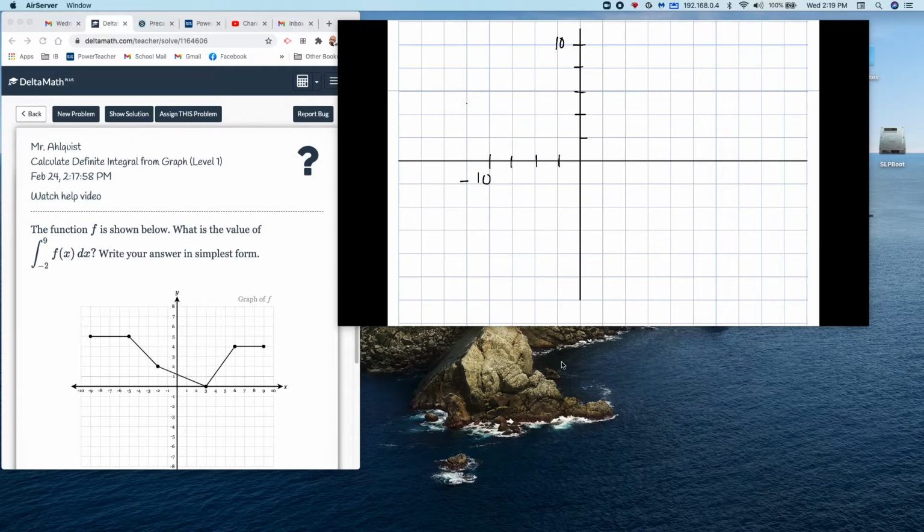So we're going to go to here and all the way to right there roughly. Then it goes down to 2 at 2. So let's see. This goes like that. Then it goes all the way out to 3, so it goes out to 3 there. Then it goes up to 4, out at 6.